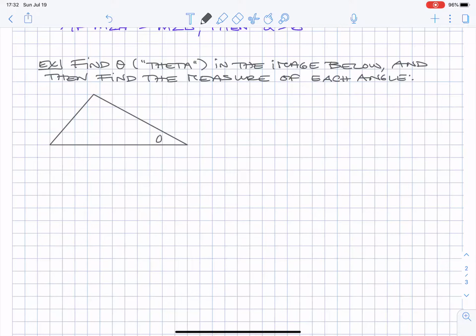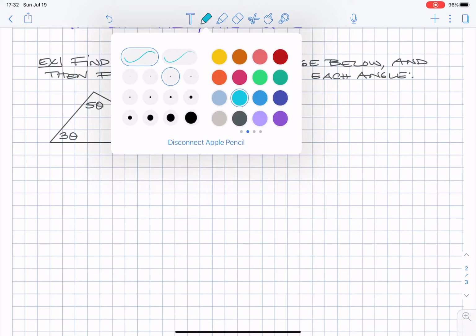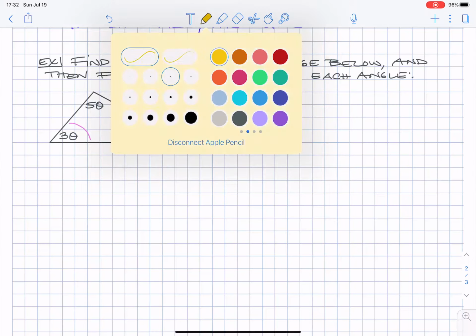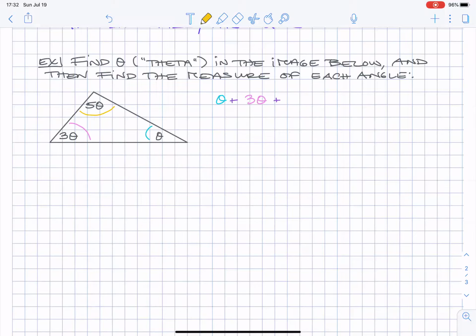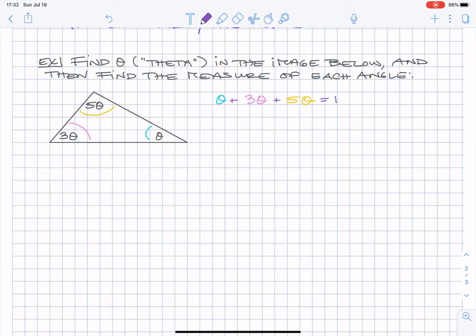So let's say I have theta, 5 theta, and 3 theta. Okay. So let's call this theta here. So what do I know? I know that theta plus 3 theta plus 5 theta, well, the sum of all the angles, we know that that's 180 degrees, right?